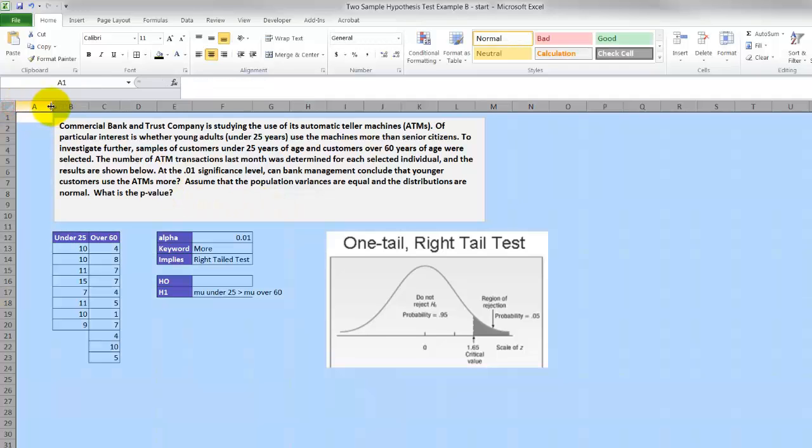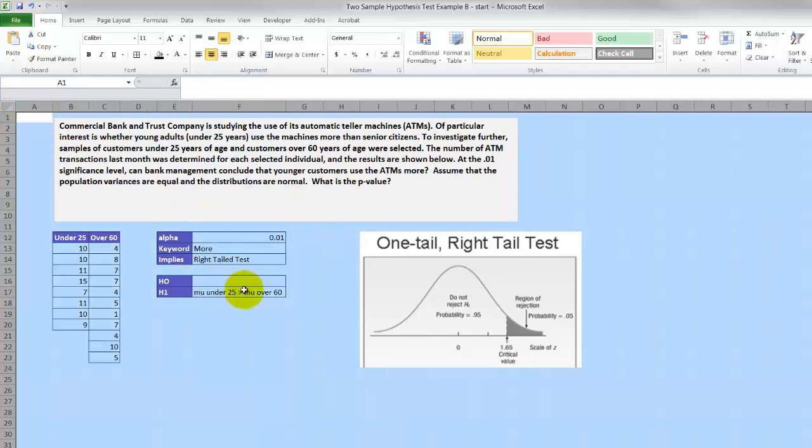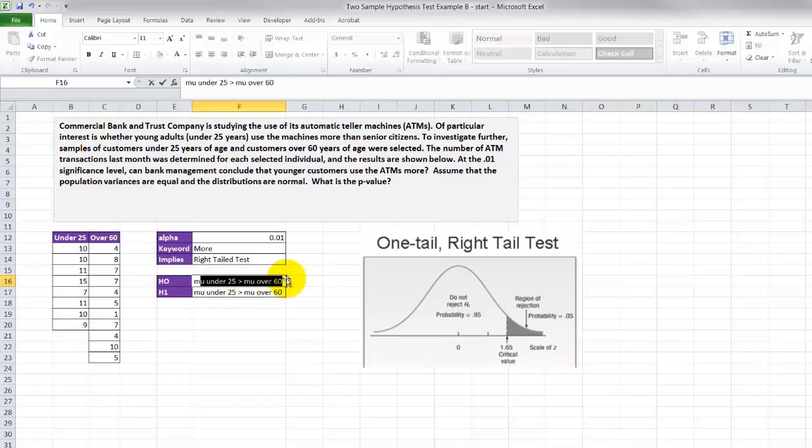That way our keyword matches up with our hypothesis statements, and we're good to go. Now let's write our null: mu under 25 is less than or equal to mu over 60. And we have that desired format.